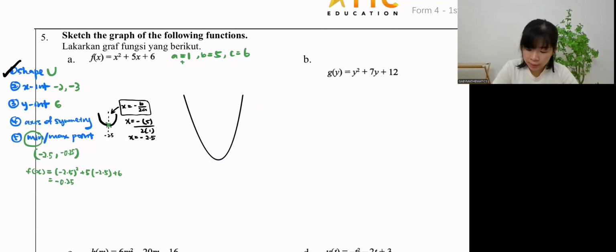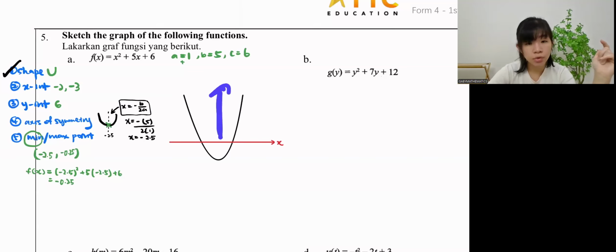You want to intersect 2 points, so you have to check the y-intercept. If the y-intercept is 6, you need more space on top. You need more positive space. The best way to draw the x-axis is slightly lower. You get what I mean? You put it lower so that you have more space on top because you want positive 6.